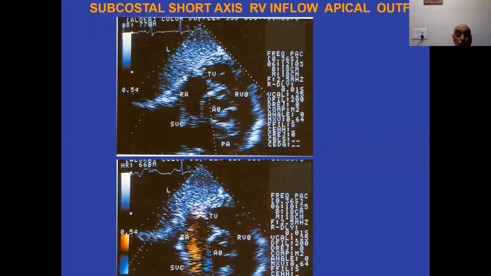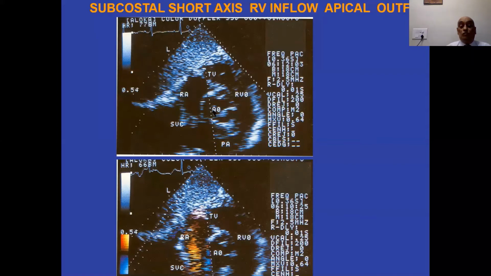From the subcostal view, you can get an equivalent of a bicaval view, which you do not get from most of the transthoracic positions, unless from the right parasternal view, as we'll see afterwards. From the right parasternal view you might sometimes get it also, but the subcostal view is easier to get in many patients, and you can sometimes get a bicaval view.